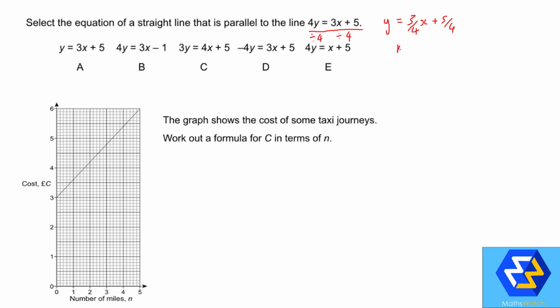So the gradient m equals 3 over 4 now. That is the gradient of that line. So you have to match it with all of this and see which letter has a gradient of 3 over 4, because you know that parallel lines will have the same gradient.